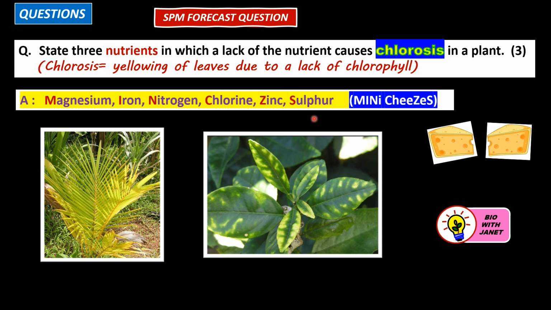So magnesium, iron, nitrogen, chlorine, zinc, and sulfur. Think of the acronym MINI CHEZS: M for magnesium, I for iron, N for nitrogen, C for chlorine, Z for zinc, and S for sulfur. Mini cheeses, right?